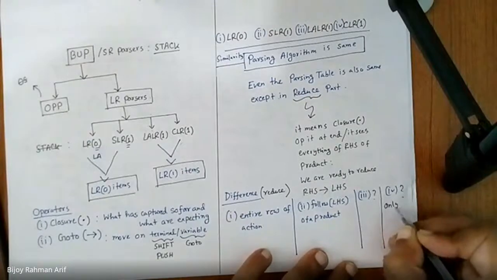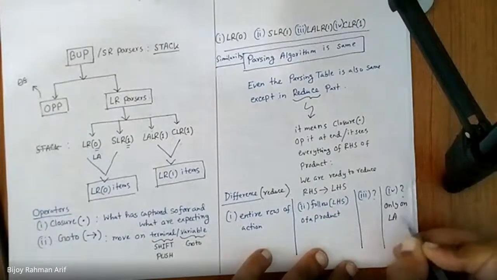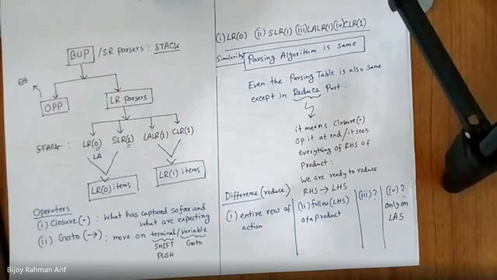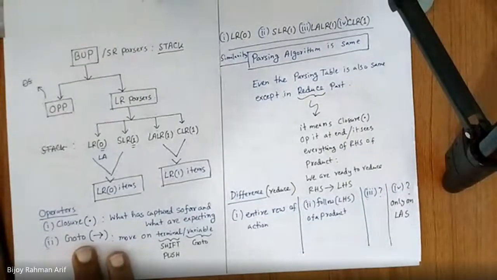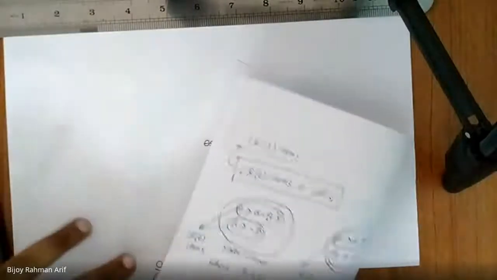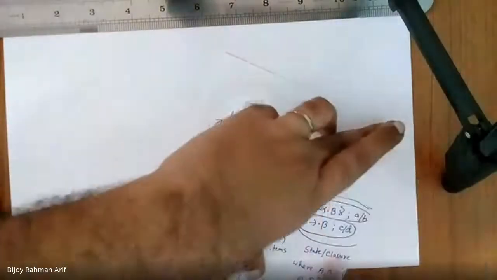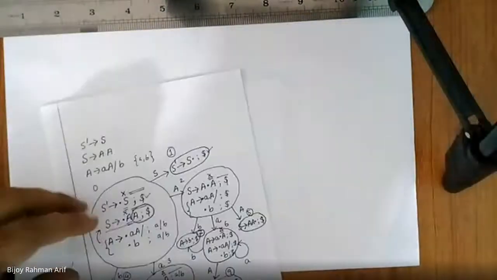Only on lookaheads. So in CLR1, we put the reduce move on lookaheads only. Did you get the point? So let's draw the diagram, then it will become clear.